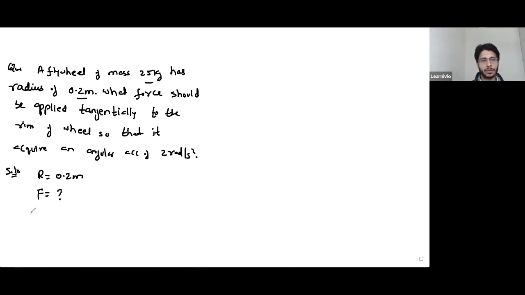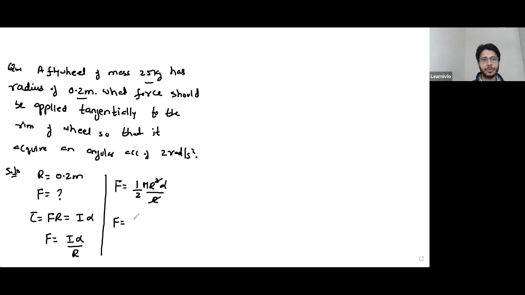You can write your torque as F into R, or even you can write your torque as I into alpha. So you can write that your force is I alpha divided by R. So your I is half mr square, alpha by R. So R will cancel this square.